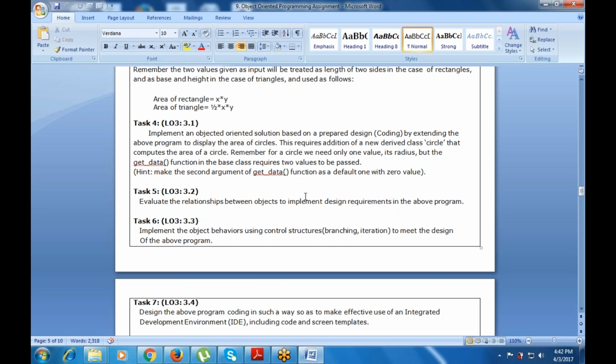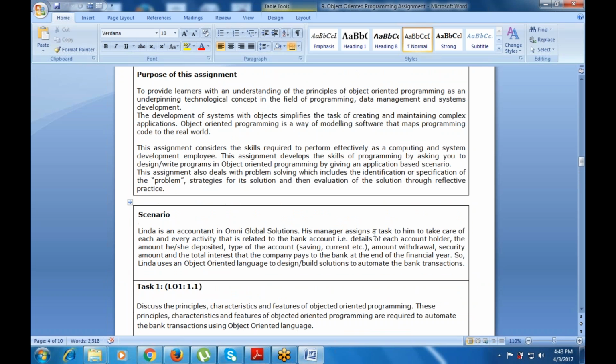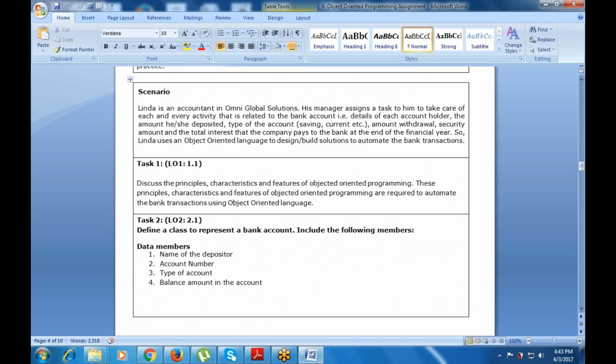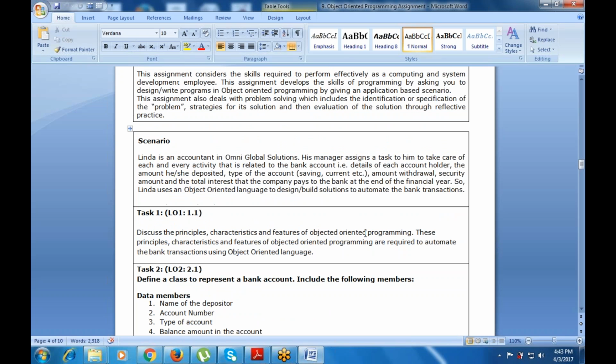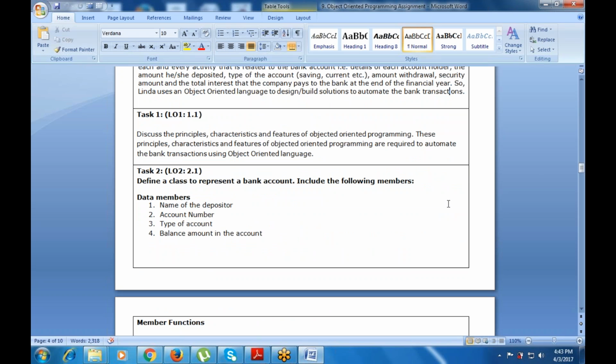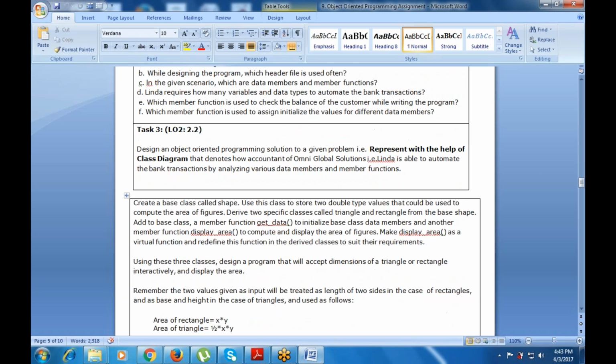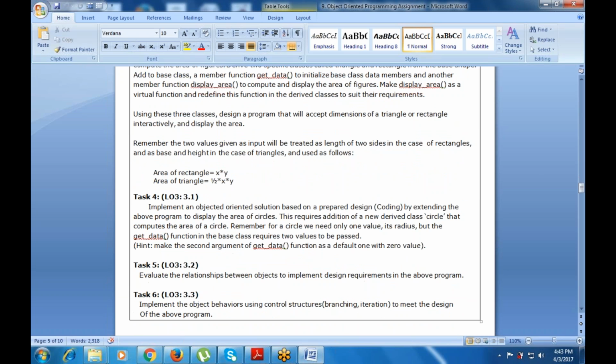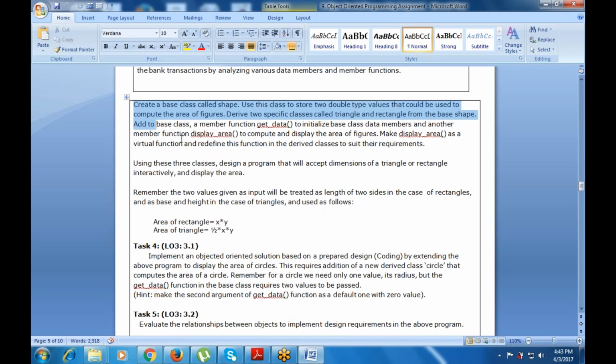Task 5: Evaluate the relationship between the objects. What is the relationship between the objects to implement the design requirement in the above program? This is the program, because we have two programs there. This is the scenario that is given over here, the area of a triangle.